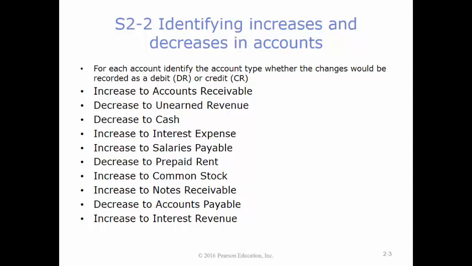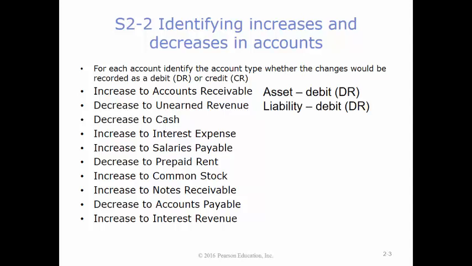Our first one is an increase to accounts receivable. We know that accounts receivable is an asset and assets are increased on the debit side. The next one is a decrease to unearned revenue. Unearned revenue is a liability and it would be decreased on the debit side.